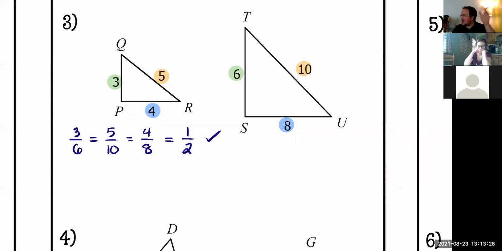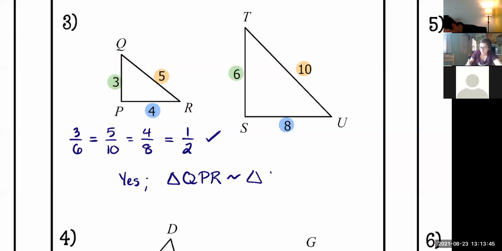But I'm not worried about that right now. I'm just more interested in the fact that they are in fact similar. So I could say yes. Based off of side, side, side similarity, I can then state that triangle QPR is similar to triangle TSU.